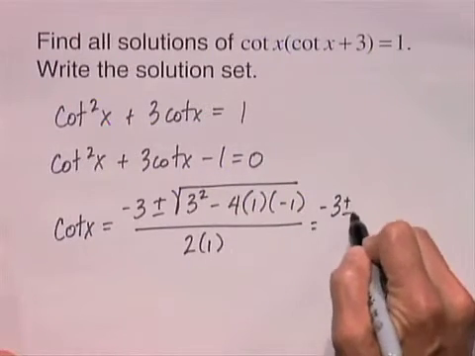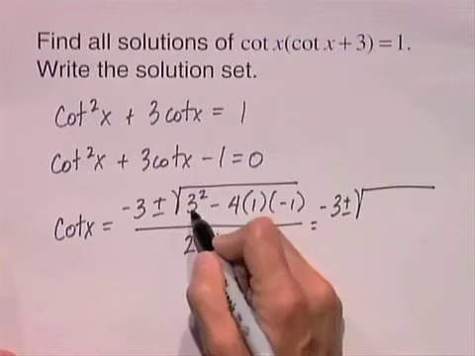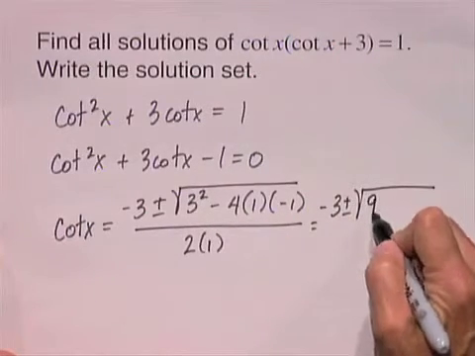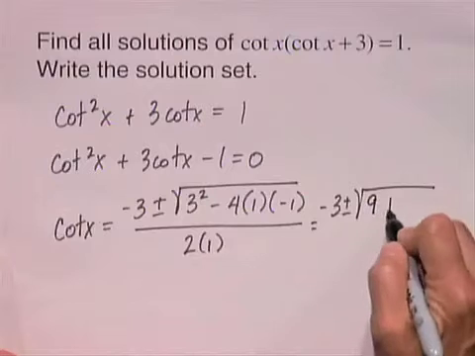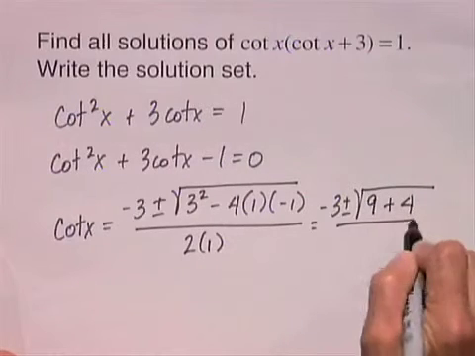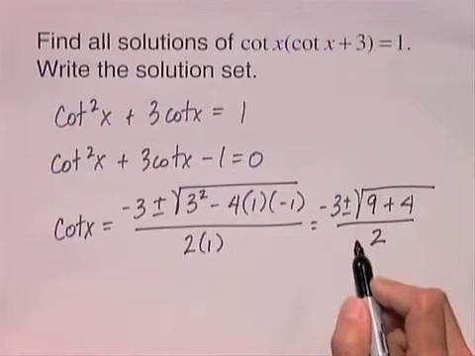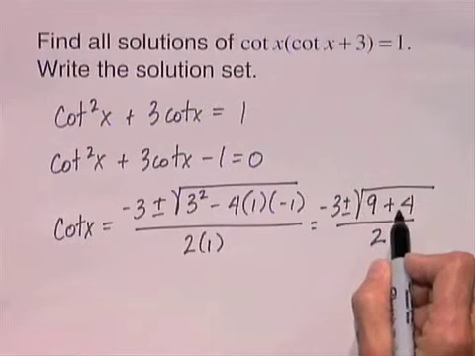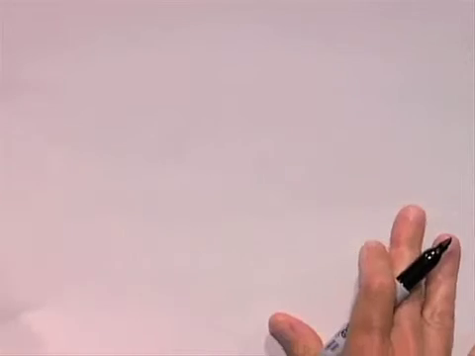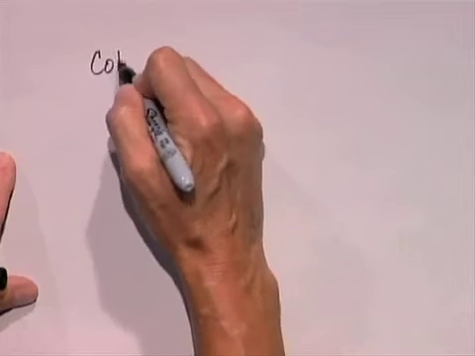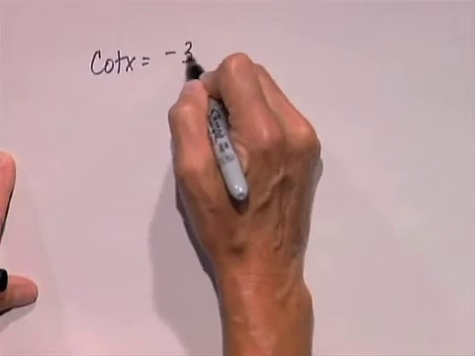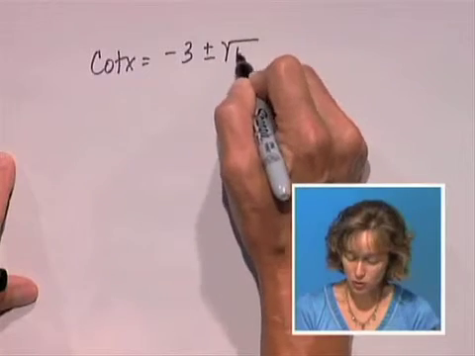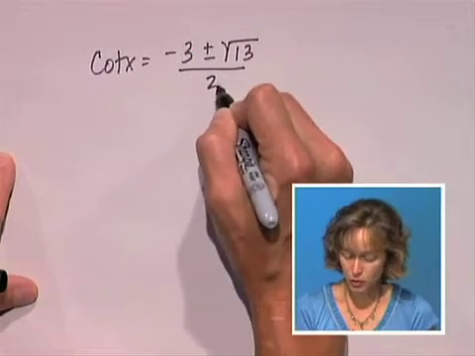Negative 3 plus or minus the square root of 3 squared, which is 9, and this will be plus 4, over 2. Negative 3 plus or minus square root 13 over 2. So cotangent x is negative 3 plus or minus square root 13 over 2.